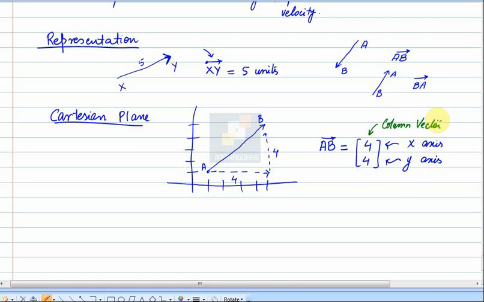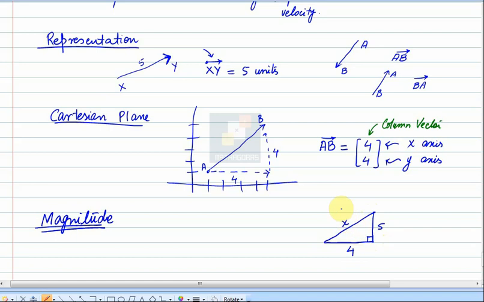So the first thing in vectors that you need to learn is how to find the magnitude of a vector. Now in general, if I draw a right angle triangle in which this length is 4 and this length is, suppose, 5, and my question is what is the value of x.